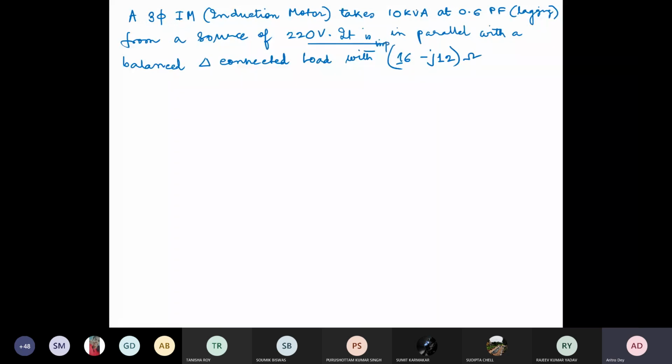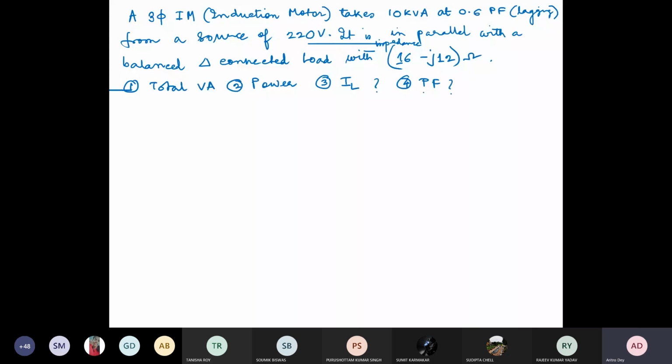This is the impedance. What you have to find out is the total volt ampere, power, line current and power factor of the combination. So number 1, we need to find out the total VA. Number 2, we need to find out the power consumption after this parallel connection, the active power. Then number 3, your IL, and then number 4 is what is your effective PF now.